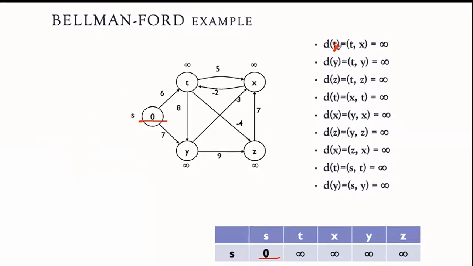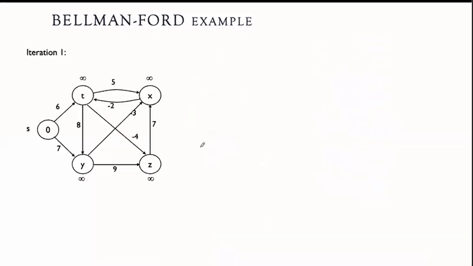Edge t to x means it will update the distance of x. So I have listed down all the edges that are present in the graph. It will undergo 4 iterations. We shall see in each iteration how things will change.